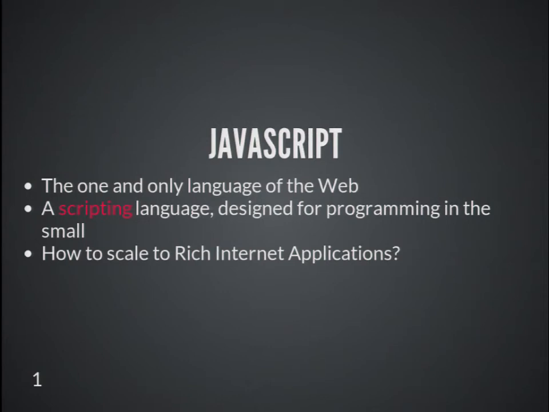So, it all starts with JavaScript. Why JavaScript? Why are we bothering with JavaScript anymore? Well, as you well know, it's difficult to do web development without JavaScript. It's basically the only language supported on browsers, so at some point you have to have JavaScript code running.